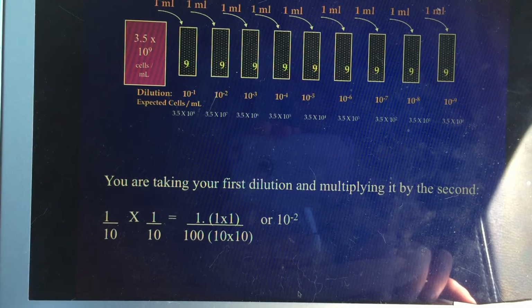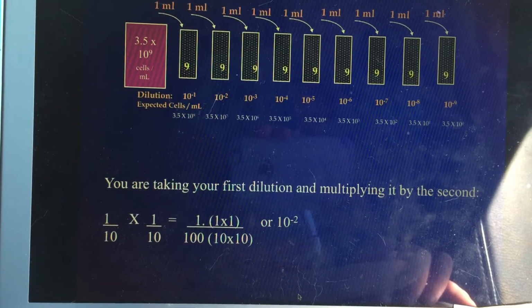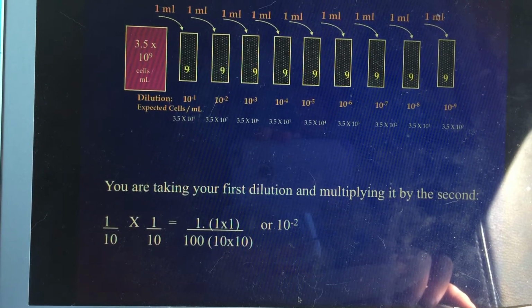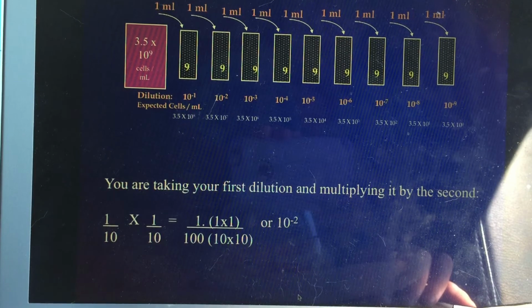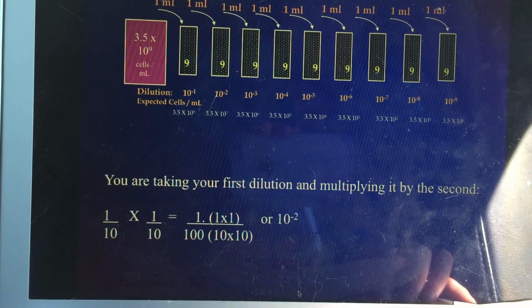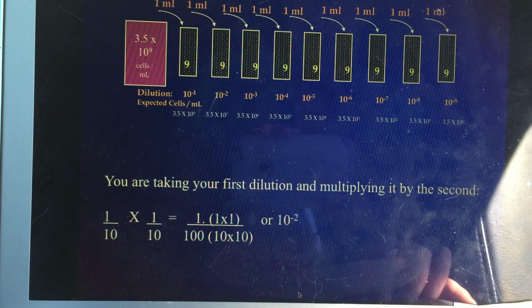Now we can see the math here to how we calculate the total dilutions. The first tube we did a 1 in 10 dilution. The second tube we've also done a 1 in 10 dilution. When we multiply these two fractions, 1 times 1 in the numerator is still a 1, and 10 times 10 in the denominator is a 100.